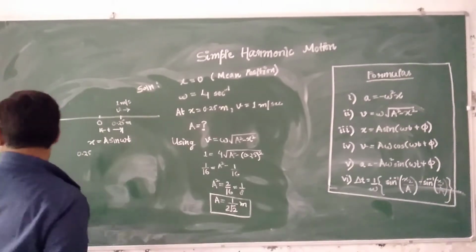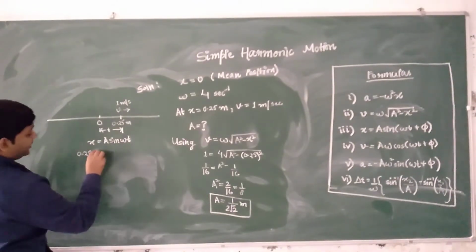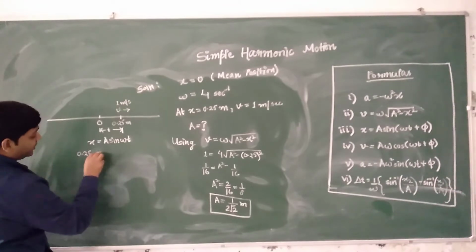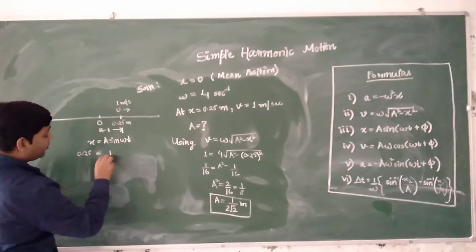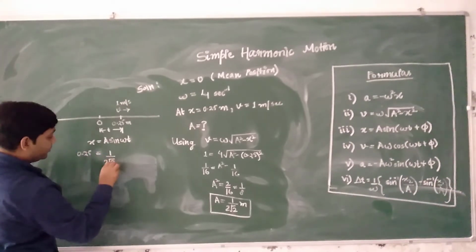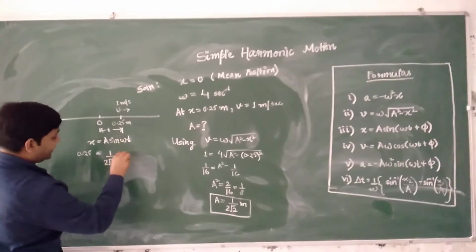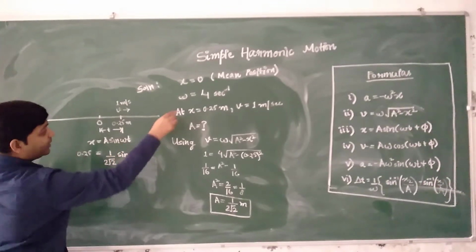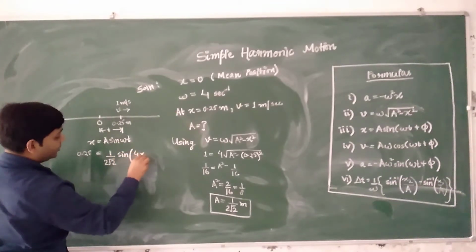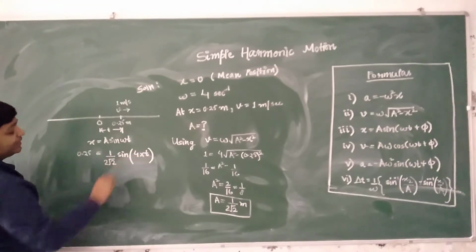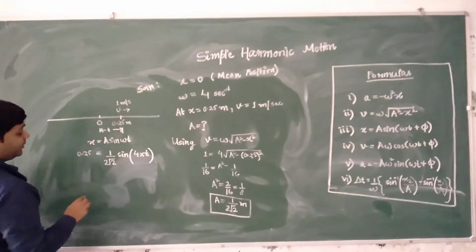So 0.25 will be equal to, what is the amplitude? The amplitude is 1 upon 2 root 2 multiplied by sine. What is the value of omega? Omega is 4. So can we calculate the value of t from here?